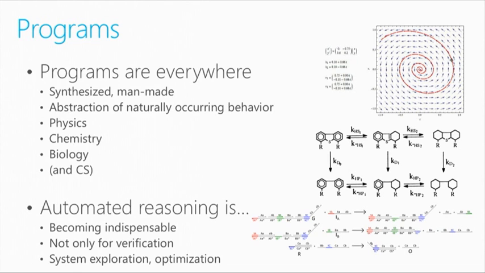Right. And of course, the programs are also in computer science. And in general, in all these areas where program or program-like model descriptions are used, automated reasoning is really the most important thing at the moment. We've reached a stage where these models are not trivial anymore, and they're quickly getting too large for any kind of manual analysis.